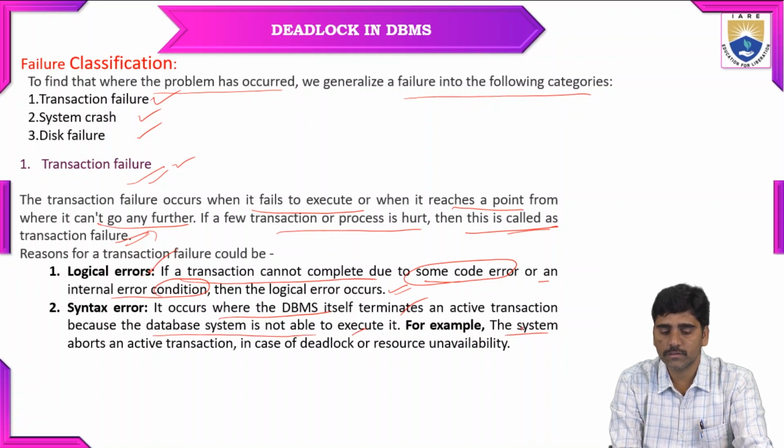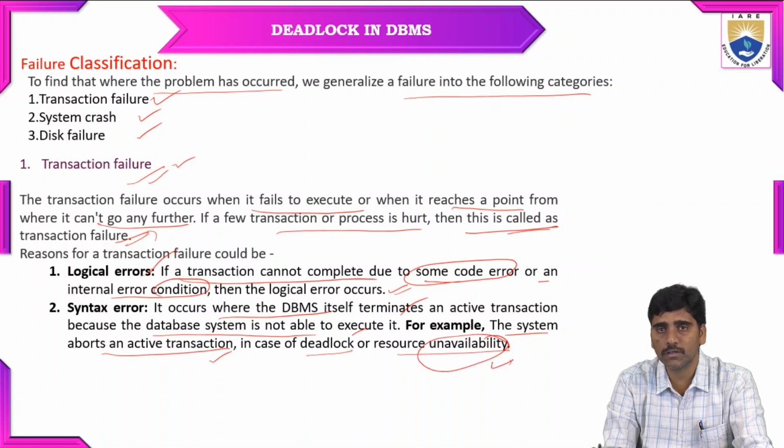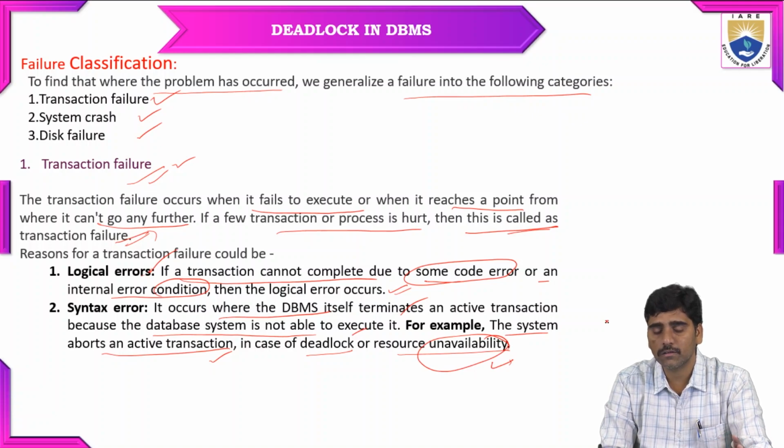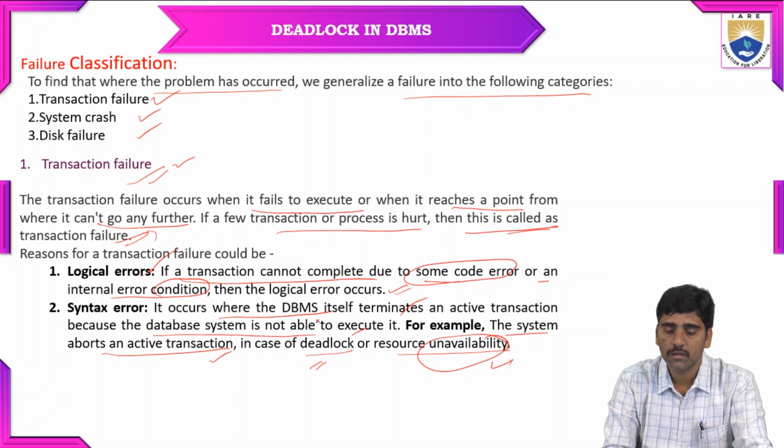For example, the system aborts an active transaction in case of deadlock or resource unavailability. So because of these two reasons, logical errors or syntax errors, sometimes the transaction may fail.